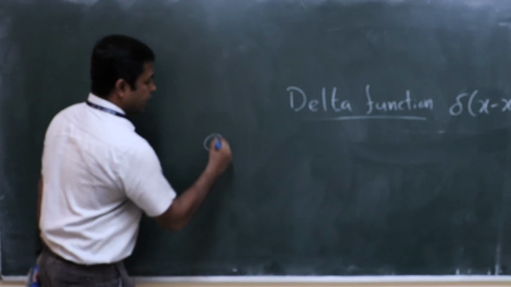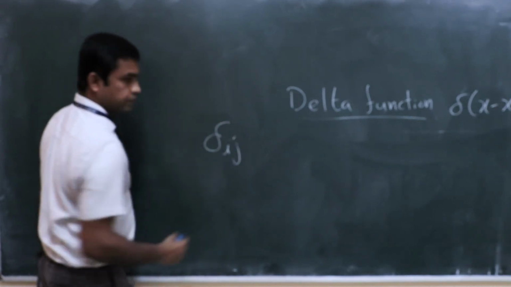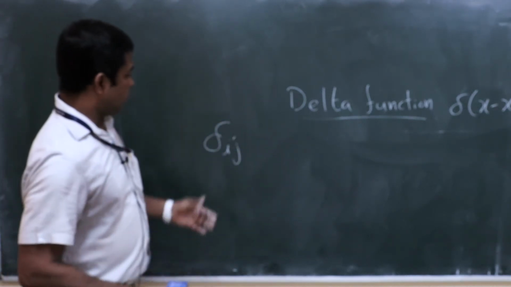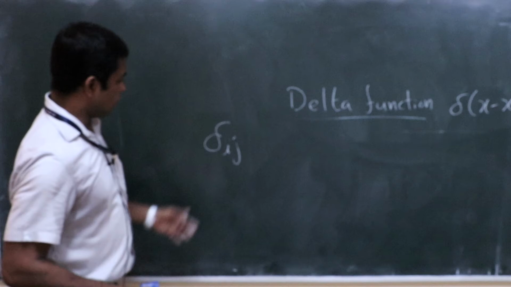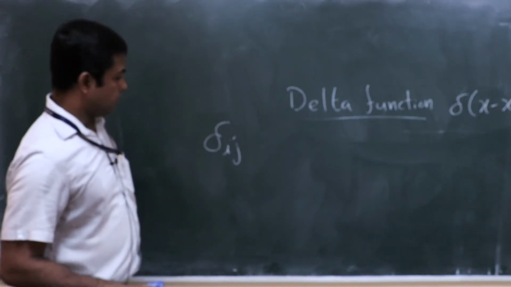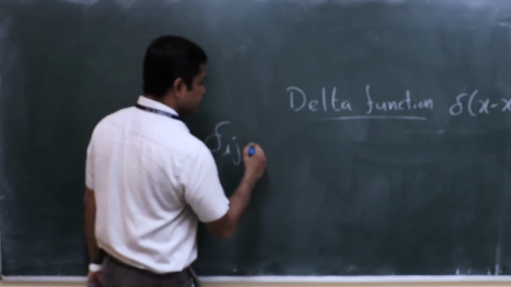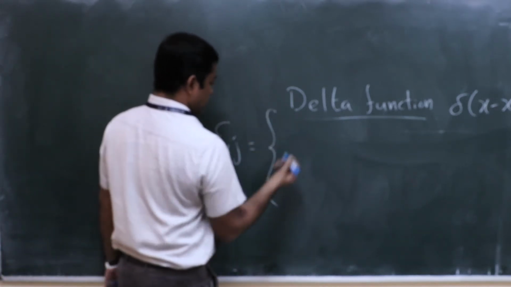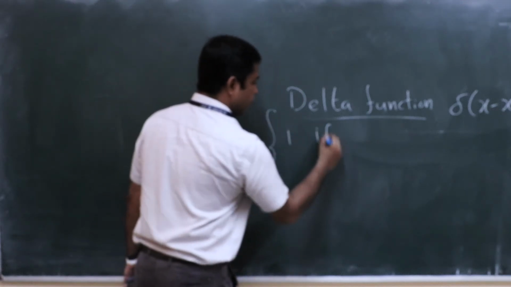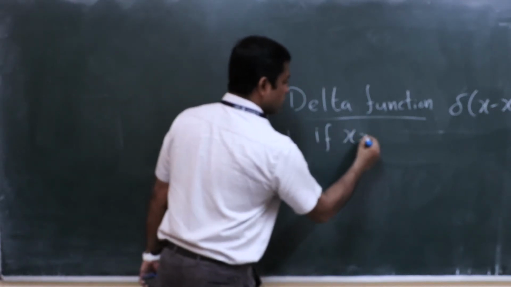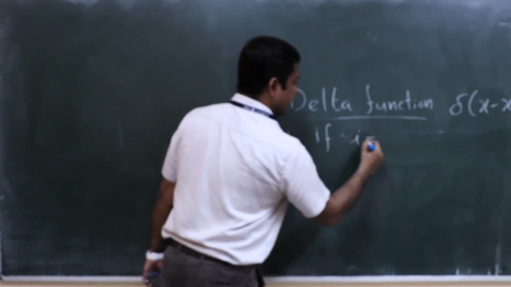Yeah, so let us look at delta ij, which is called the Kronecker delta. It is defined as equal to 1 if i is equal to j, and 0 if i is not equal to j.